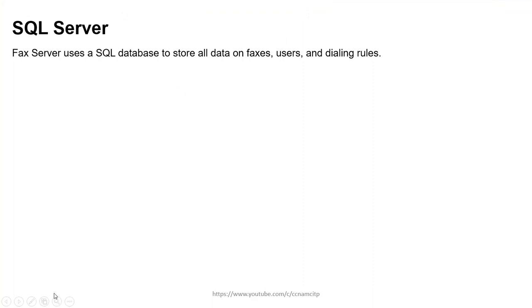So guys, I need a highlighter. The fax server uses a SQL database to store all data on faxes, users, and dialing rules. So whatever information we are storing about a particular user will be stored on the SQL database. That is why we need SQL Server.